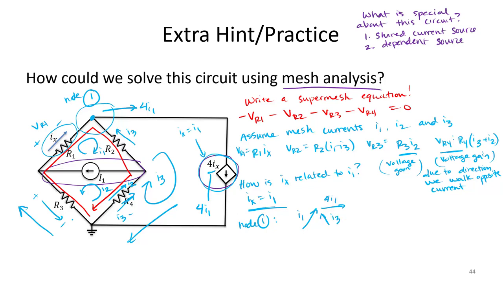So notice in this case, I can write that plus I3 minus 4I1 plus I1 equals 0. So I can say that I3 minus 3I1 equals 0, or I3 equals 3I1.